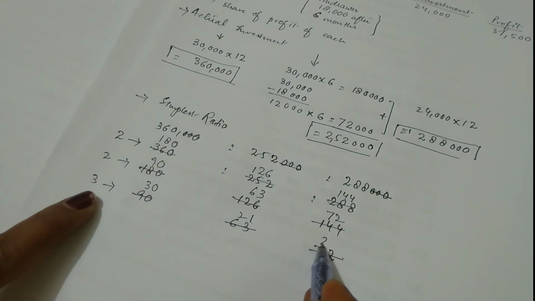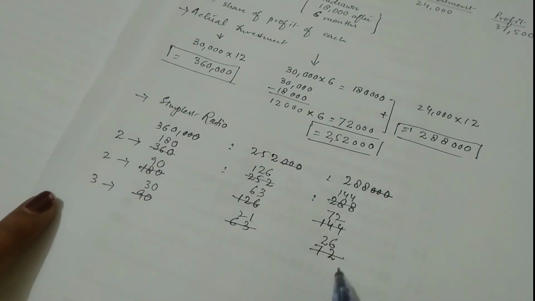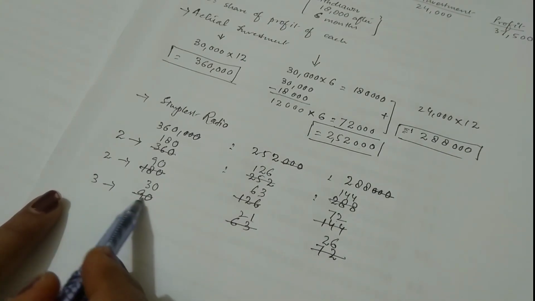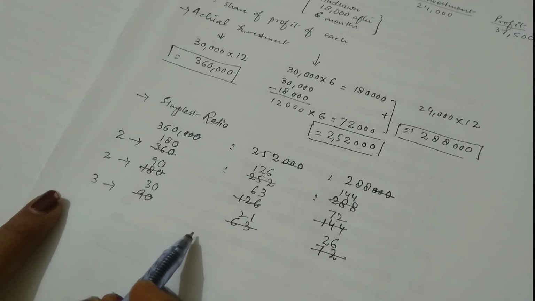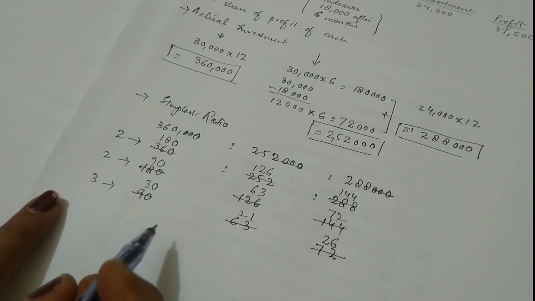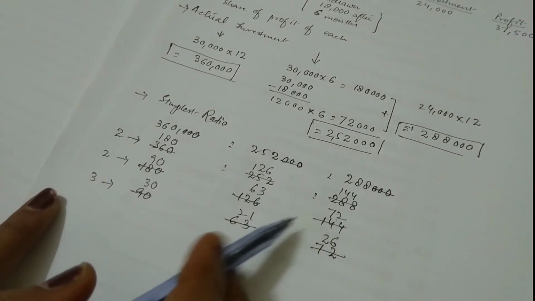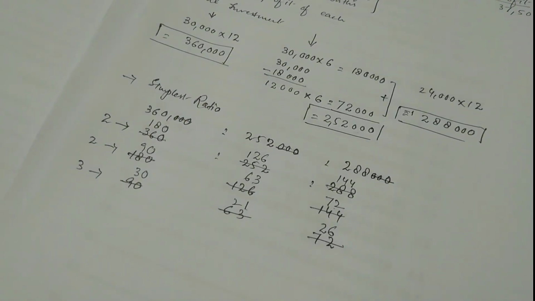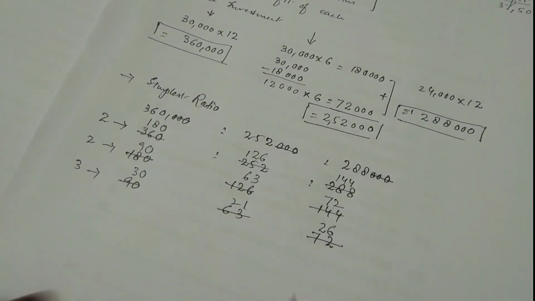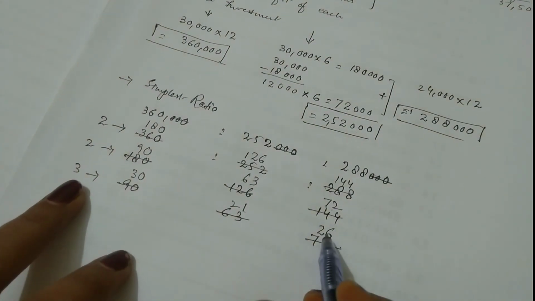So 3 3s are 9 and then 0. 3 2s are 6, 3 1s are 3, 3 2s are 6 and we'll add 1 here and 3 6s are 12. Okay, it's not 3 6s, I'm sorry, it's 3 4s are 12.